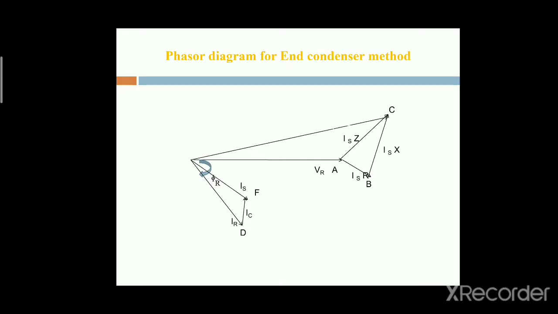By adding the sending end impedance drop to the receiving end voltage, we obtain the sending end voltage Vs. The angle between Vs and Is is phi s, and the angle between Vr and Ir is phi r. The angle between Vs and Vr is theta 1, and the angle between Vr and Is is theta 2. This is the phasor diagram for the end condenser method.